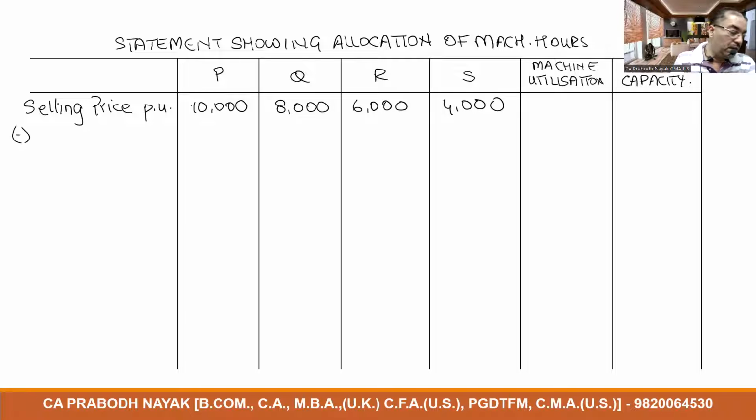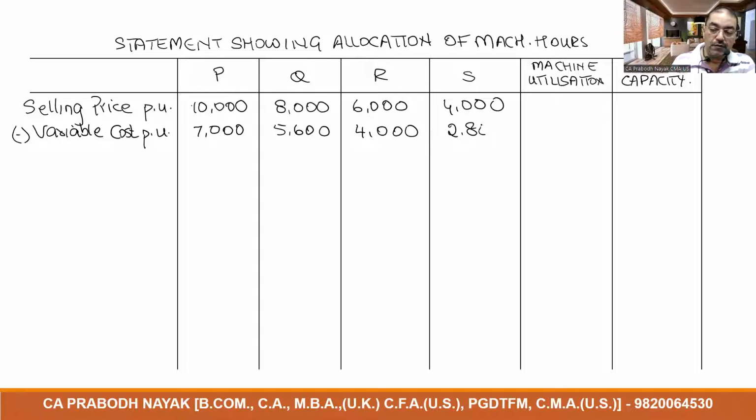Minus variable cost per unit: 7,000, 5,600, 4,000, and 2,800.